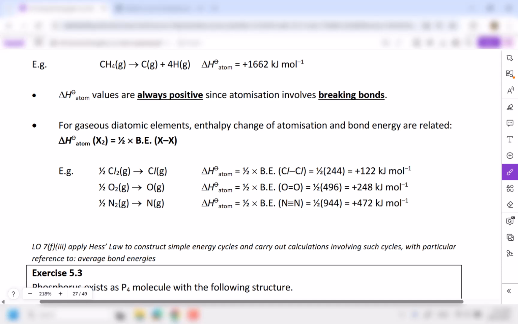Then for gaseous diatomics, there's a relationship between bond energy and atomization enthalpy. Atomization enthalpy is half of bond energy, but this is the only case lah. For other cases, if you are given the data, then you should use the data. If not, then you could use this as a proxy.